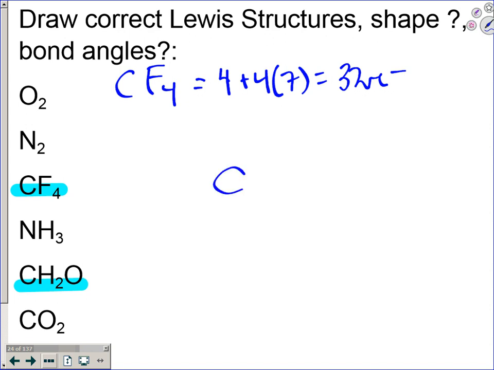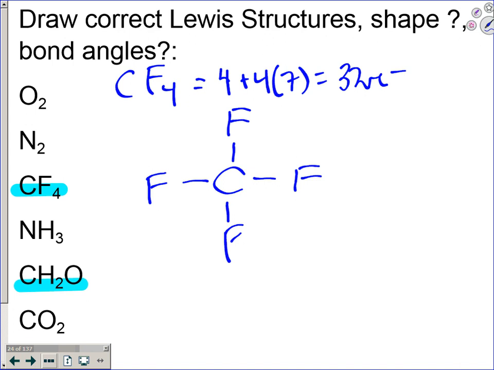Carbon in the middle, because it's the singleton and it has a lower electronegativity than fluorine. Then 4 fluorines, and we're going to call these ligands. Remember that? L-I-G-A-N-D-S, ligands. So we've gone through V, valence electrons, and S, skeleton, by choosing our central atom wisely. What's next?